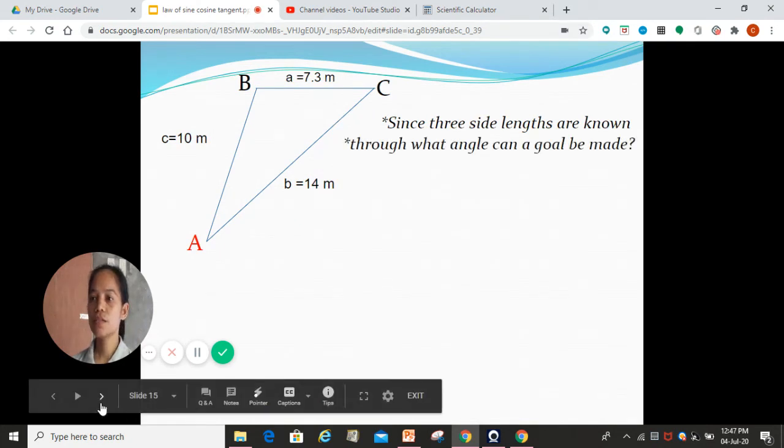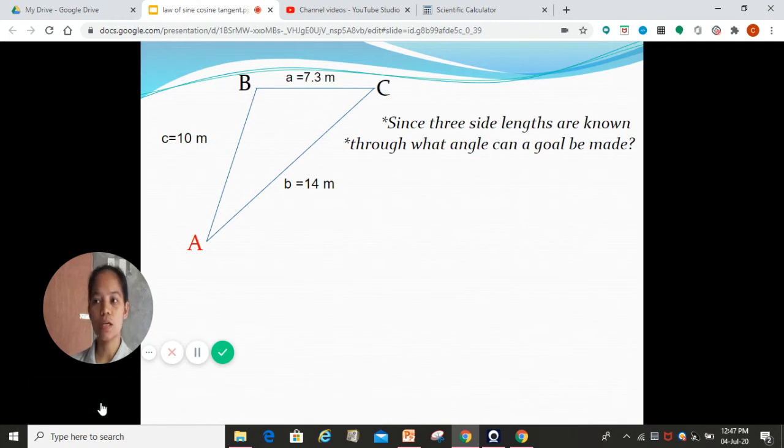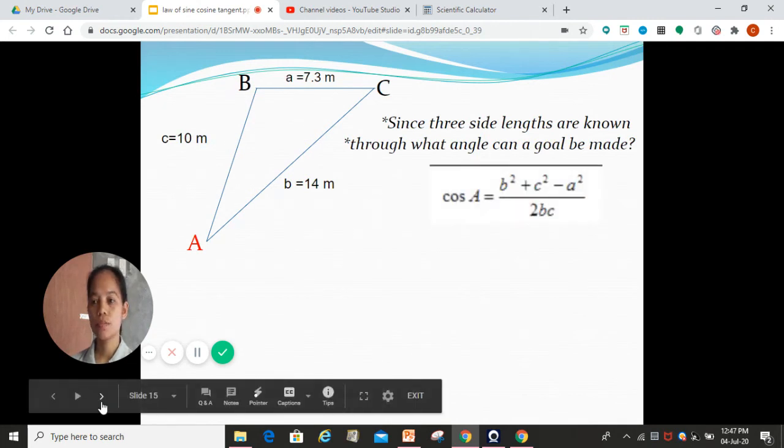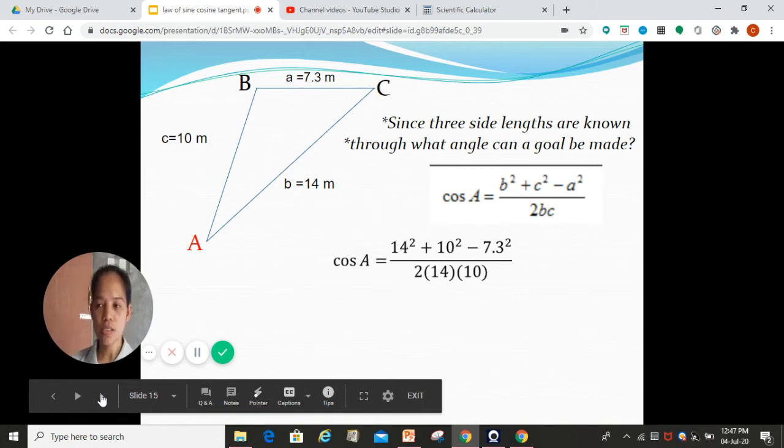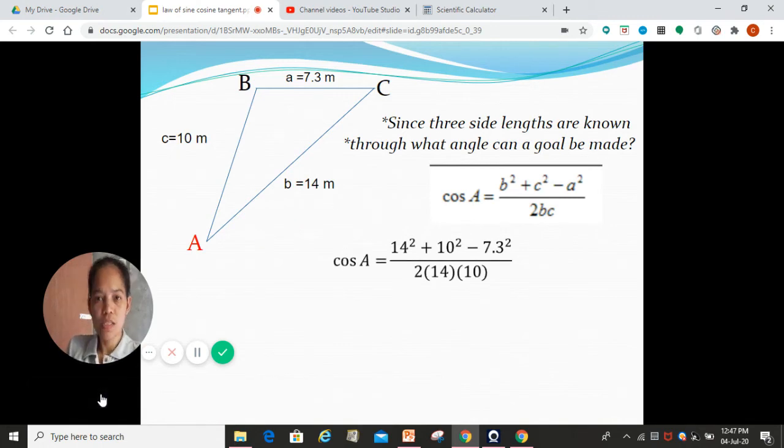and go back to the question: through what angle can a goal be made? So you have cosine A equals B squared plus C squared minus A squared all over 2BC. So we replace all the A, B, C with the corresponding values.